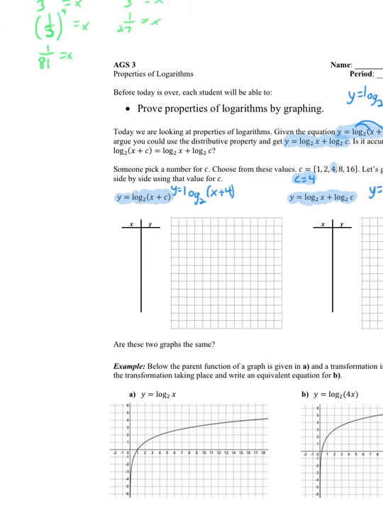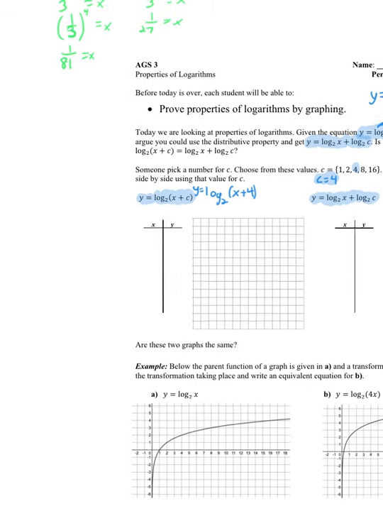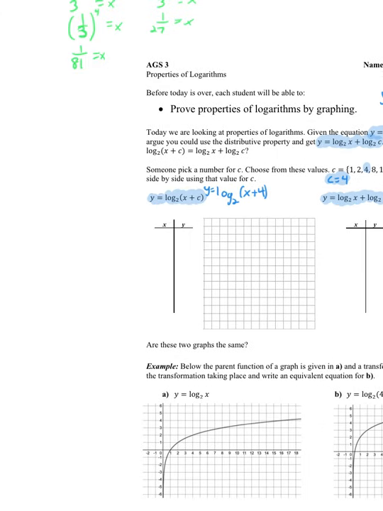Now on this first equation, if I were to solve for it, I would go ahead and change the form. So 2 to the y equals x plus 4. And then I would subtract 4 from both sides and get 2 to the y minus 4 equals x.